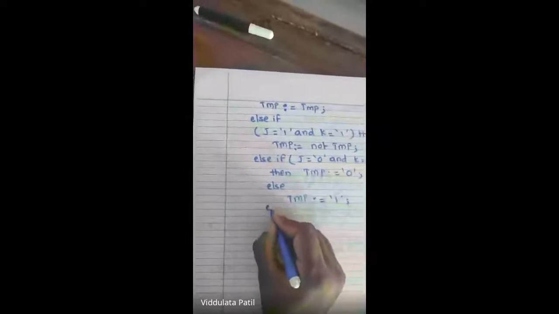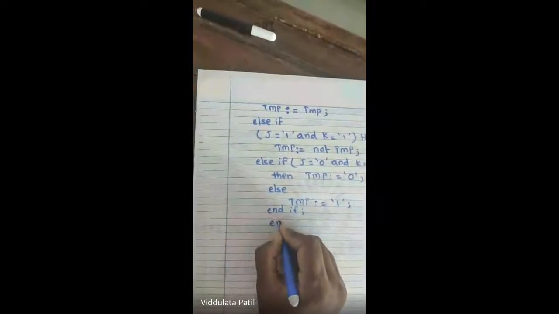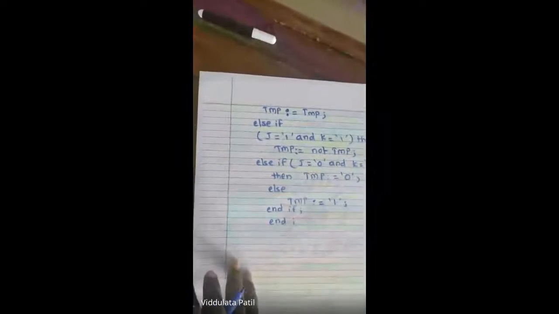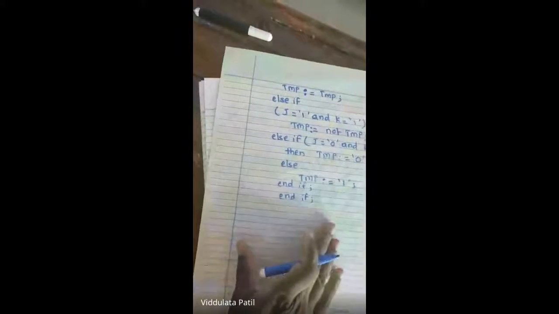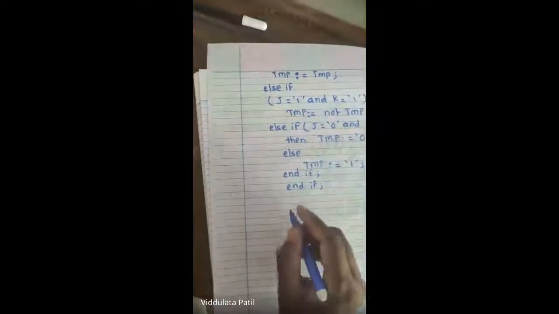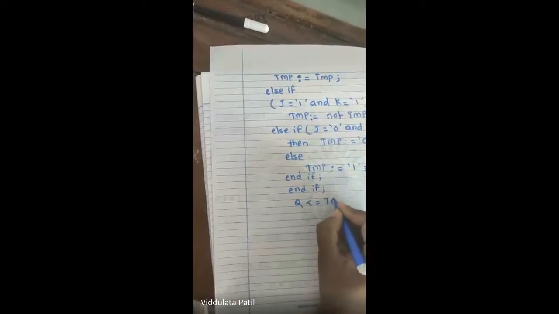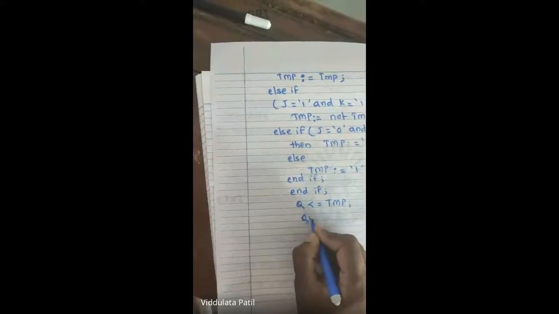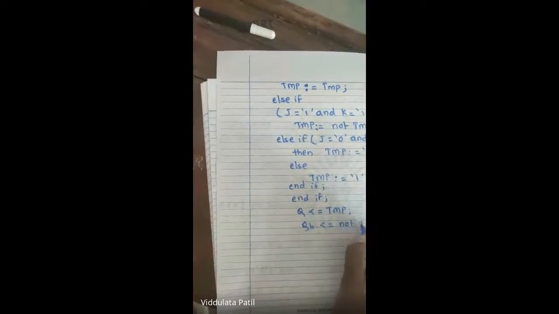So end of this if statement, and again end if, as we have used two if statements, so end of both the if statements. Then Q is assigned the value of TMP, and QB is assigned not TMP.